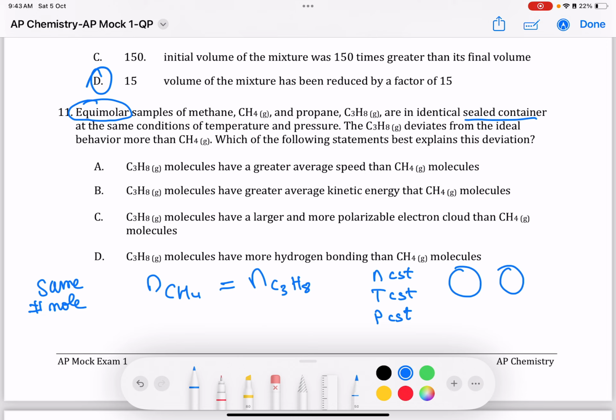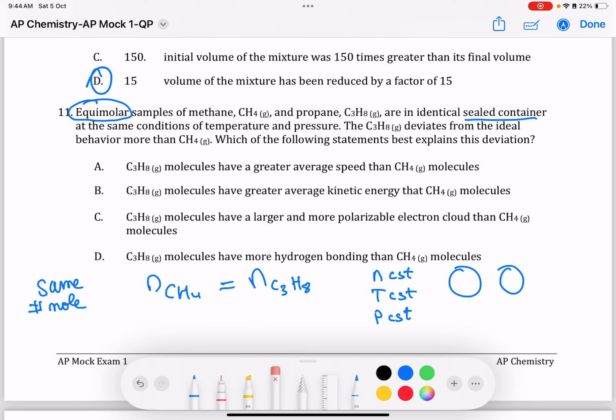Now, the question is, C3H8 deviates from ideal behavior more than CH4, which is true. Which of the following statements best explains this deviation? When we are talking about ideal gas behavior, the gases with the weakest intermolecular forces are usually considered closer to ideal gas behavior.